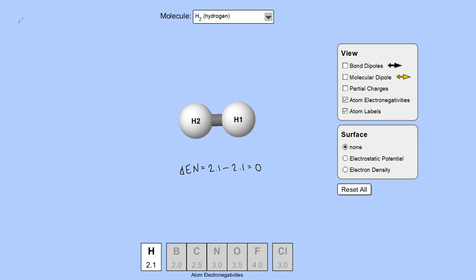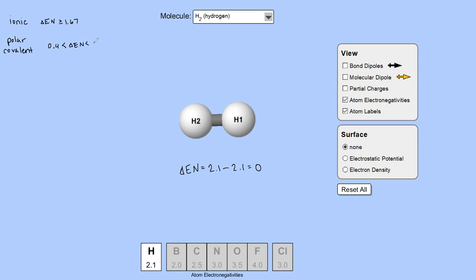So let's just do a quick chart here. An ionic bond is going to have an electronegativity difference of greater than or equal to 1.67. A polar covalent bond will have an electronegativity difference of between 0.4 and 1.67.